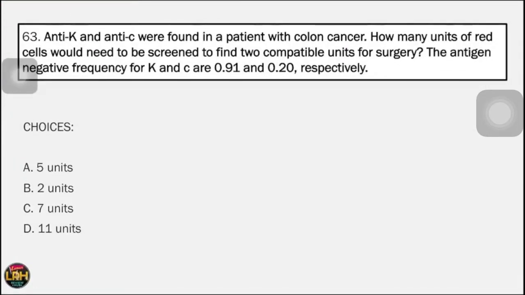63. Anti-K and anti-small c were found in a patient with colon cancer. How many units of red cells would need to be screened to find 2 compatible units for surgery? The antigen negative frequency of K and C are 0.91 and 0.20 respectively.